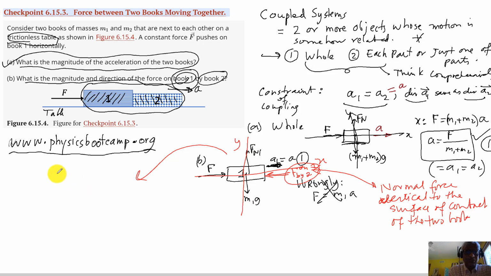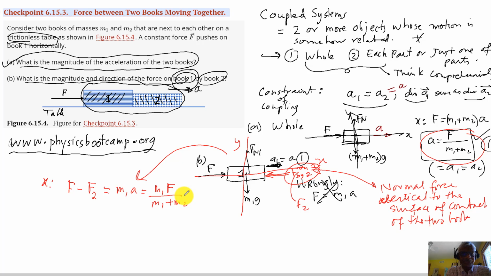So in the x direction you have F minus F2, let's call this guy F2 for simplicity, equals m1 times A, where A is over here, so we can write m1 F over m1 plus m2.